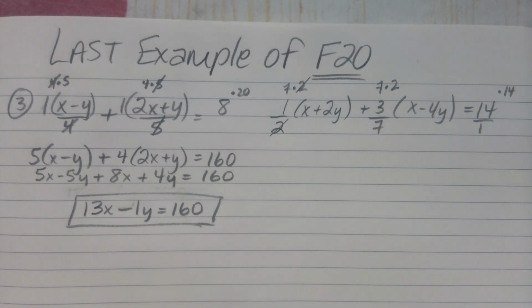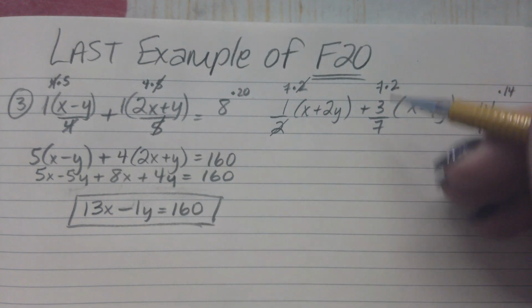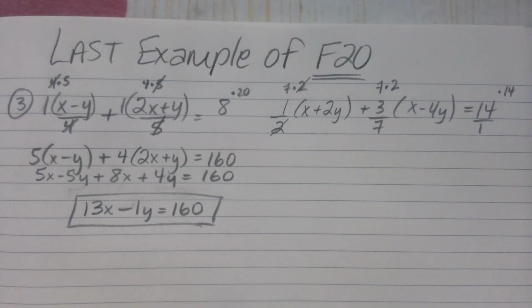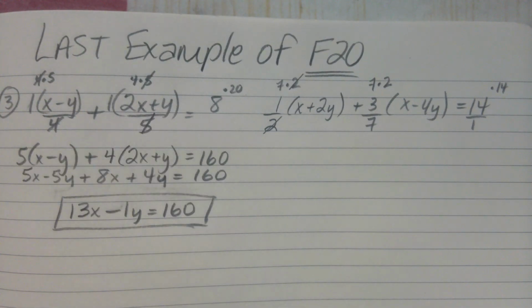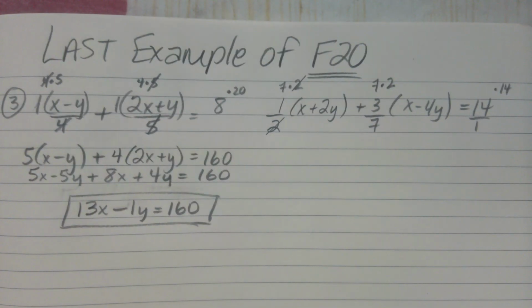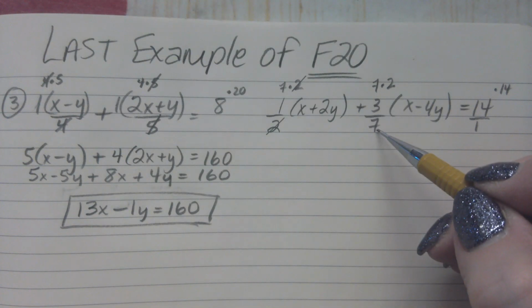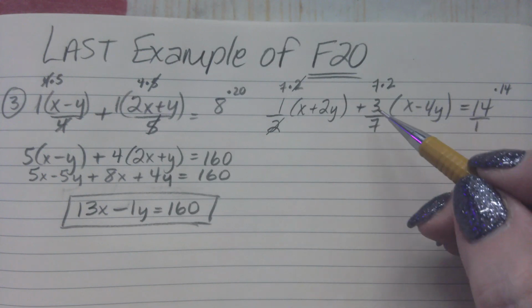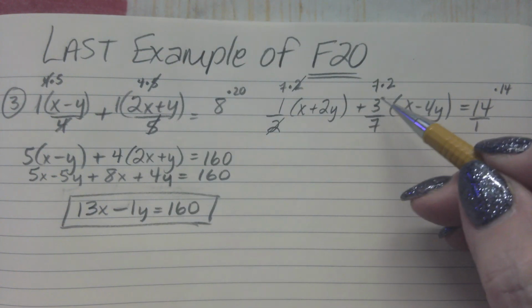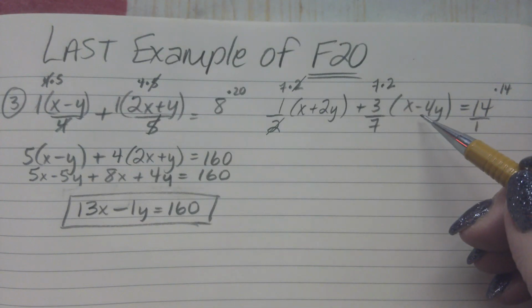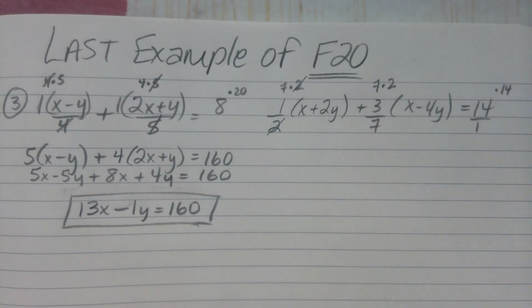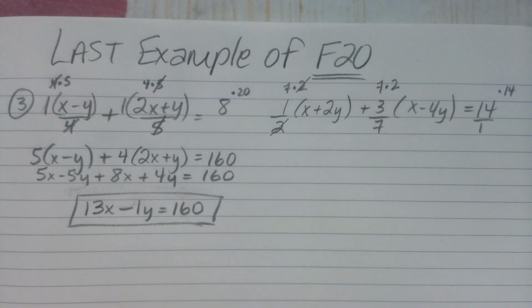You can't just do simply 3x minus 12y over 7. He wants to distribute the fraction into the bracket first. Can you distribute the 3 into the bracket first? That's what I did, with the 7, but you'd have to take the 7 with it. It's 3 sevenths times x, 3 sevenths times negative 4y. The whole fraction gets distributed in.